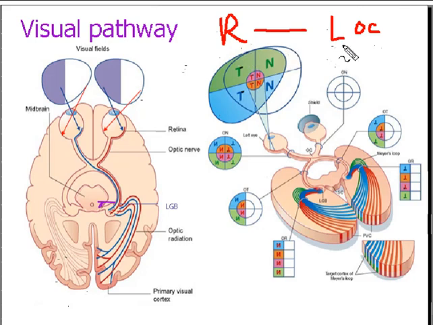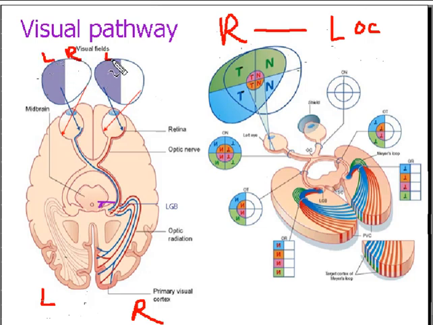And let's see how this visual pathway actually travels. So here we are looking at an object over here. This is the left occipital cortex, and this is the right occipital cortex. Similarly, let's divide this field of vision into a left and a right, and here again we have left and right.